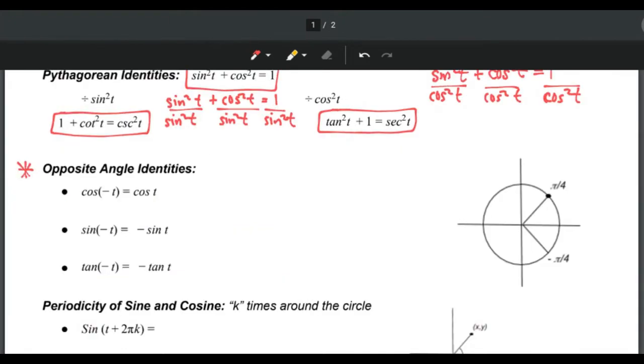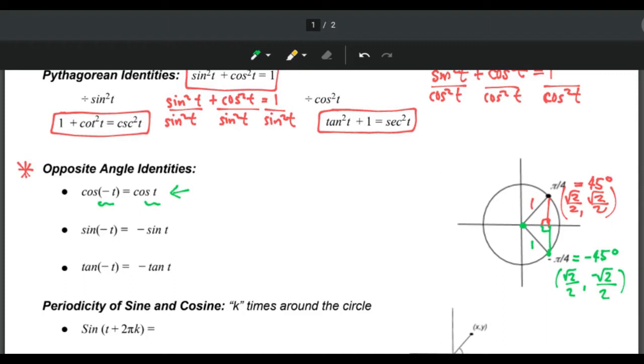All right, so our next set of identities are the opposite angle identities, and we're going to use this diagram to prove that these are in fact true. We know that this point on the unit circle has an ordered pair of root 2 over 2, comma, root 2 over 2. So these opposite angle identities, if you notice, the negative and positive version of that angle is still going to be the same thing.